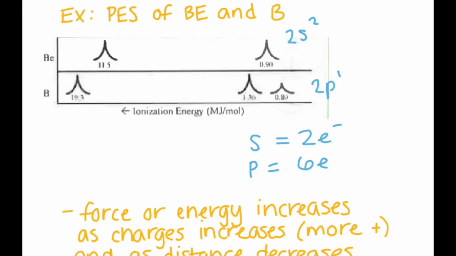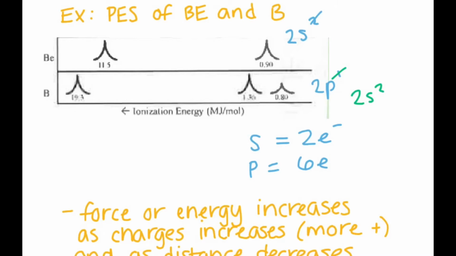So the s subshell is full, it's at its max, and it doesn't want to lose an electron. So it's going to take more energy for beryllium to lose that electron. Whereas boron, its valence orbital is p, which holds up to 6 electrons. And since it's only filled with 1, it's really wanting to get rid of that so that it can become stable at 2s2.